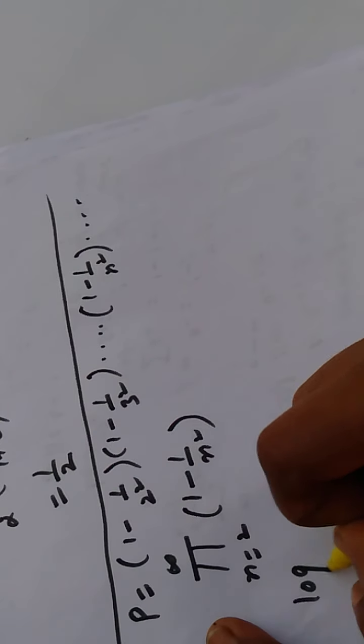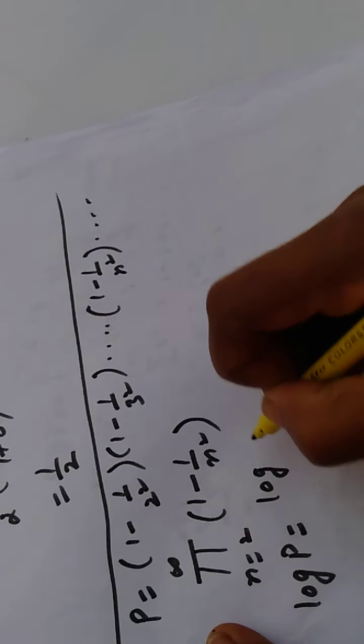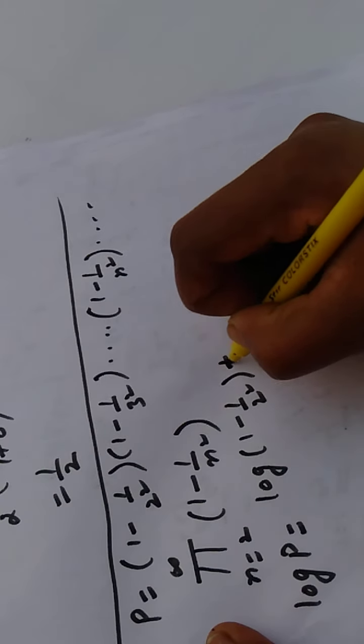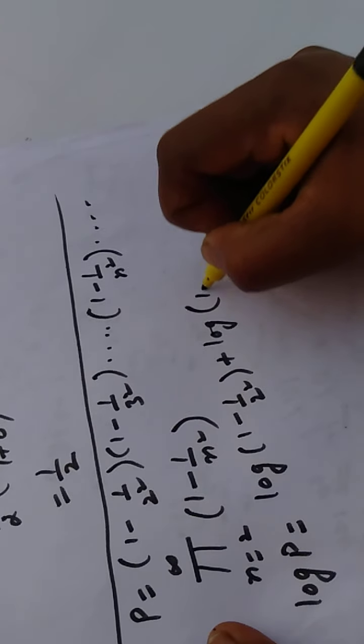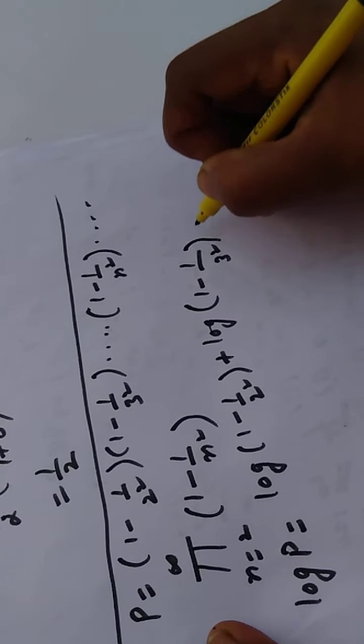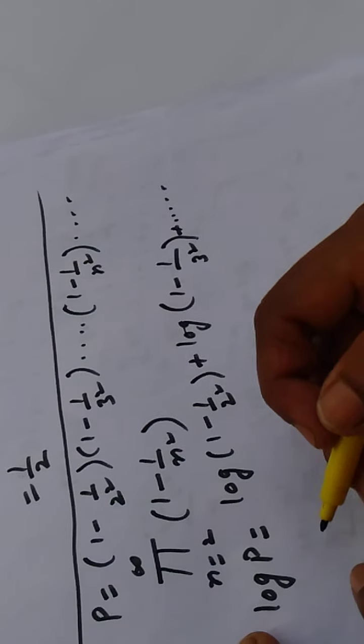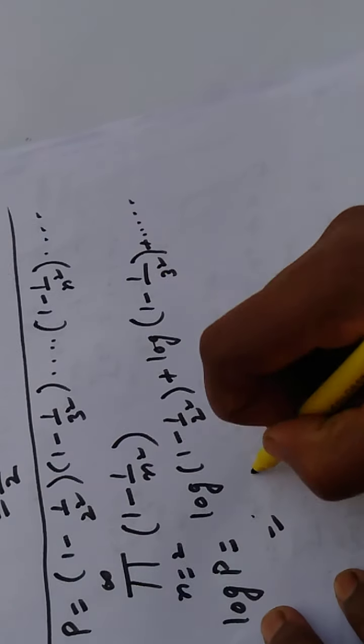Now we will take the logarithm of it. Log of P is log of (1 minus 1 by 2 square) plus log of (1 minus 1 by 3 square) plus and so on, up to infinity.